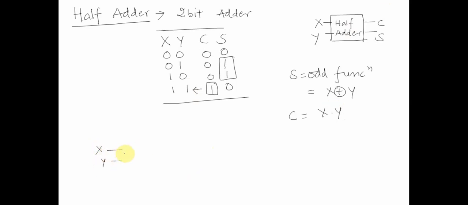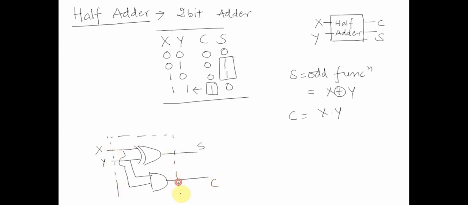If I XOR these two inputs, I get the sum, and if I AND these two inputs, I get the carry. If I draw a box around it, the half adder circuit looks like this. We used one XOR gate plus one AND gate.